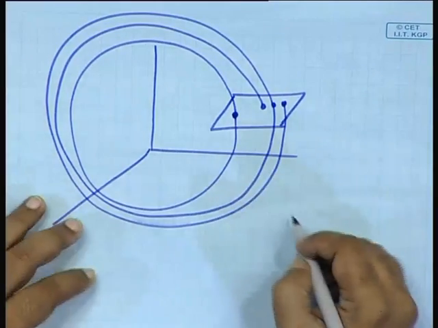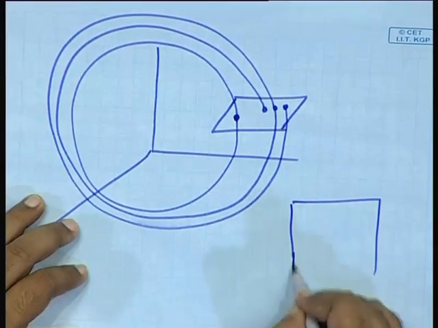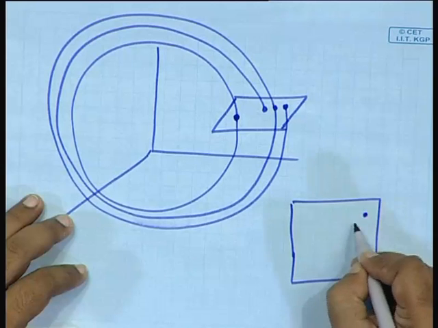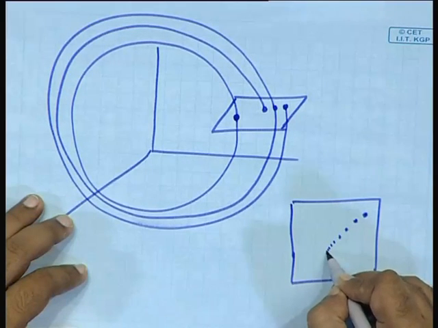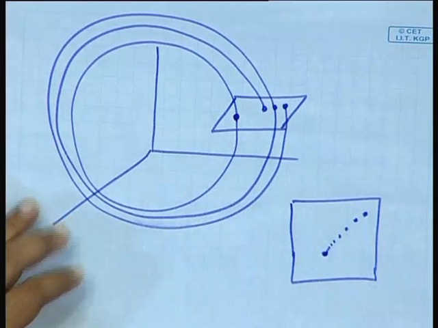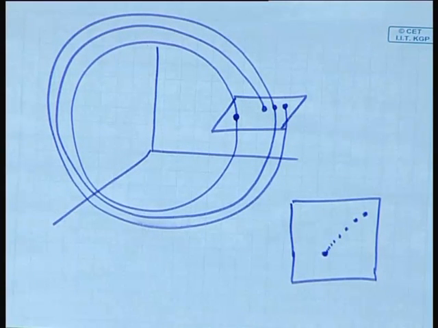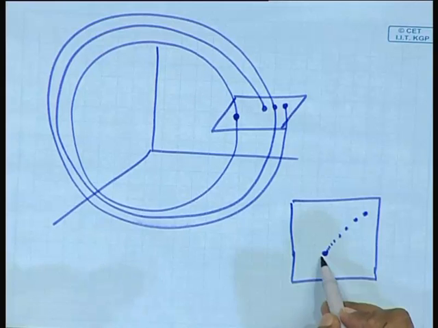Okay. So, on this plane you will see a sequence of points that come closer and closer, ultimately converging onto the fixed point.